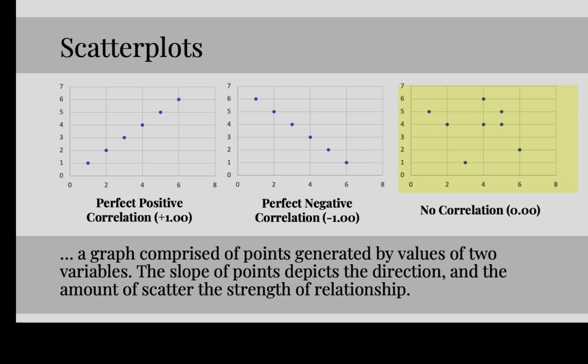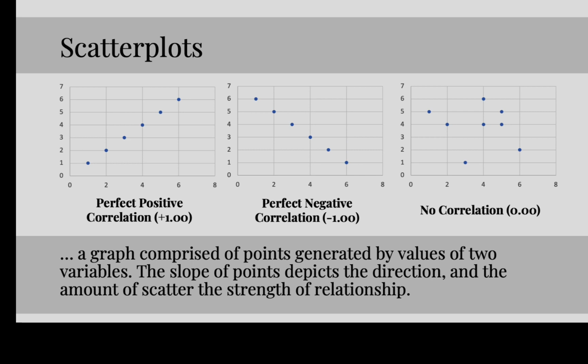There's a little bit of a downward trend here, but a bunch of outliers all over the place. So the more spread apart the data points are, the Y's and the X's all over the place, the further apart the relationship between the two variables.